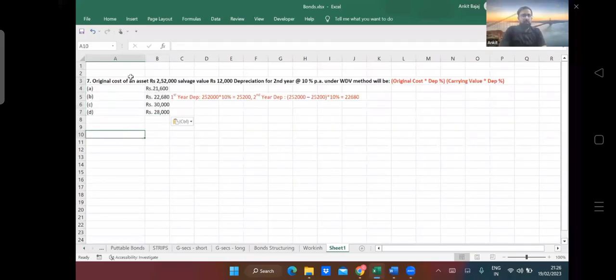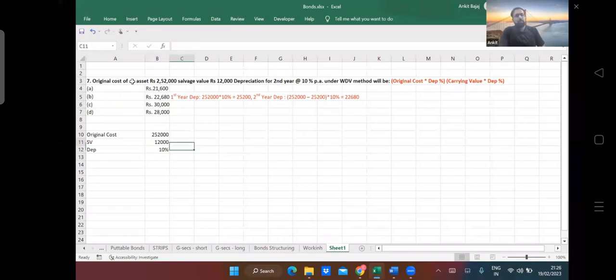This question says the original cost of asset is 2,52,000, so write down the original cost. Then salvage value amount is 12,000. Then depreciation rate is given, that is 10%. Are you able to understand?